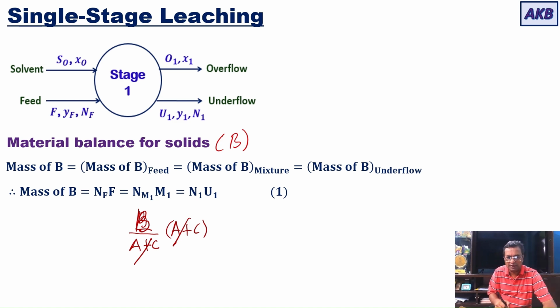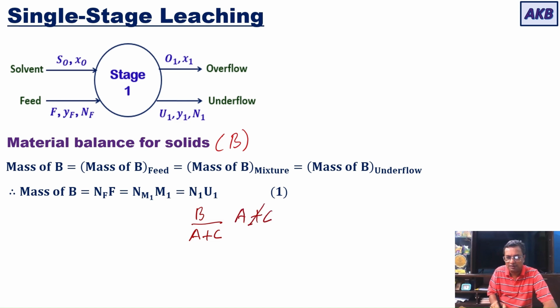Now let us look at this term. N1 is mass of B divided by mass of A plus mass of C in the underflow, and U1 is mass of A plus C in the underflow. So A plus C in the underflow gets cancelled and you are left with mass of B in the underflow.